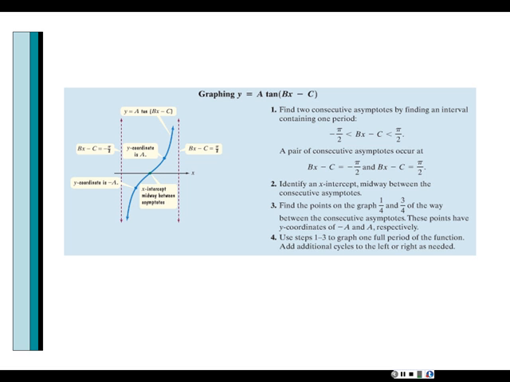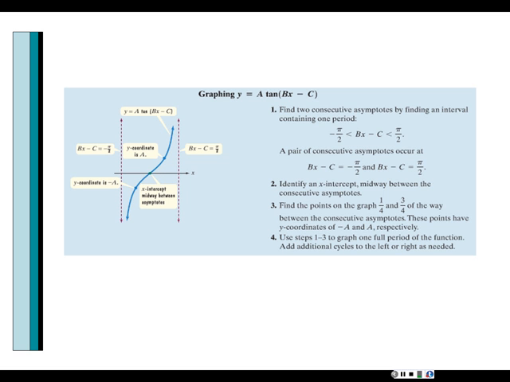In such cases we call those points asymptotes, because at those points we don't know exactly what the value of the function will be. There is plenty of discussion about asymptotes; I'm just giving you the headlines of why we call them asymptotes. So we'll be finding a pair of consecutive asymptotes which occur at these two points.